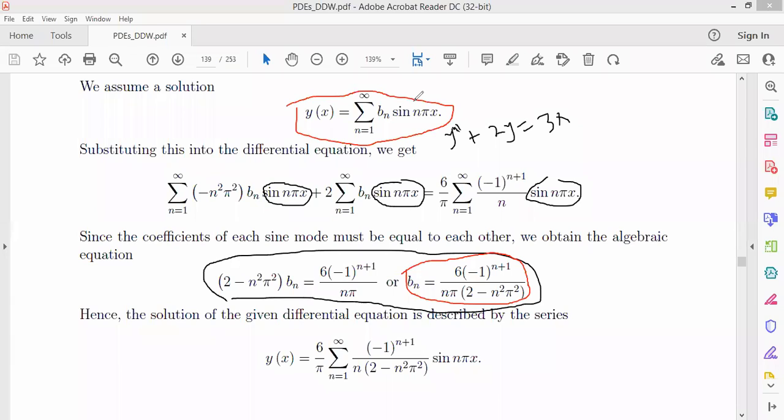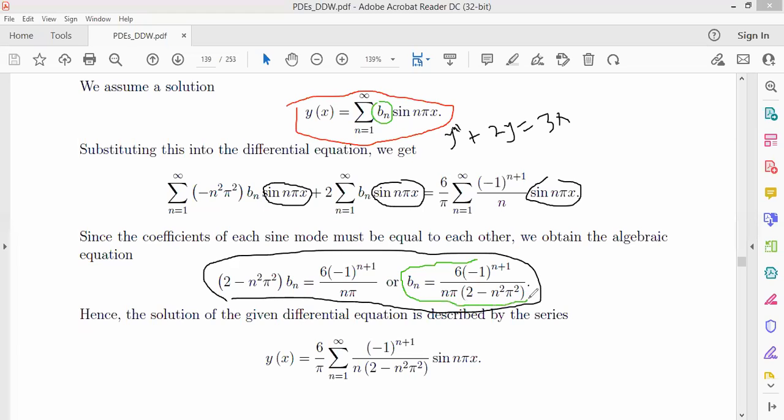So I am saying that this Bn in green is the whole of this statement here. Remember, this is Bn.